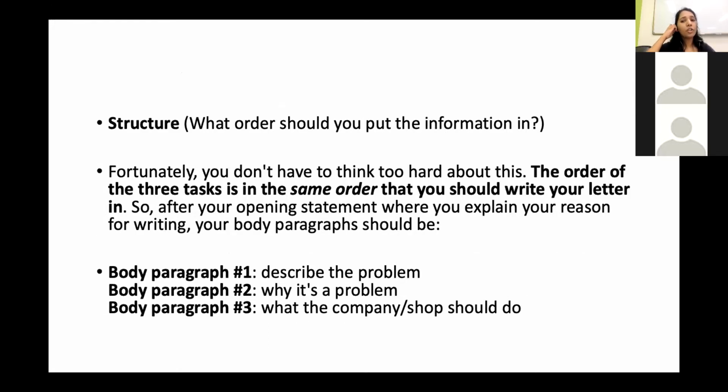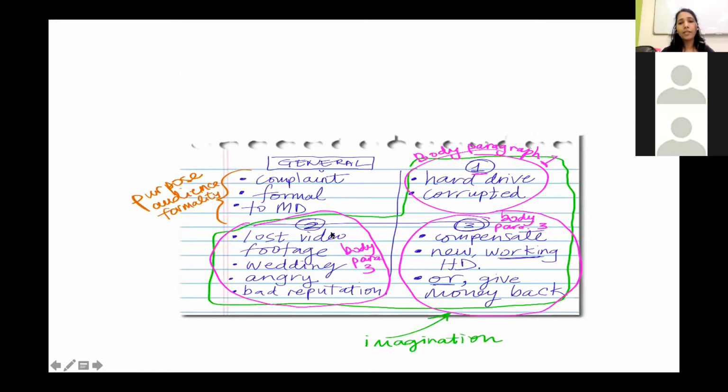So this should be the structure. You should have an introduction paragraph and 3 body paragraphs. And this is the grid which I keep talking about. Divide your page, or divide a paper, into 4 and write the purpose of the letter, who you are writing to, and what the register, or the formality, is.